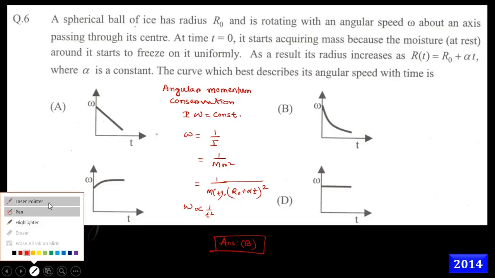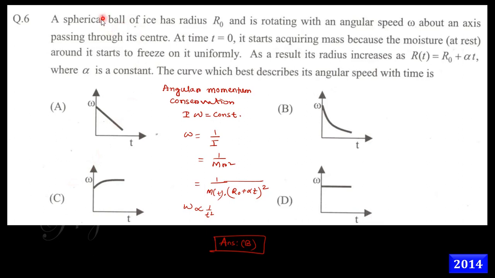The first question of this video says that a spherical ball of ice has radius r0 and is rotating with an angular speed omega about an axis passing through its center. So there is an ice ball, and it rotates about an axis with angular speed omega.